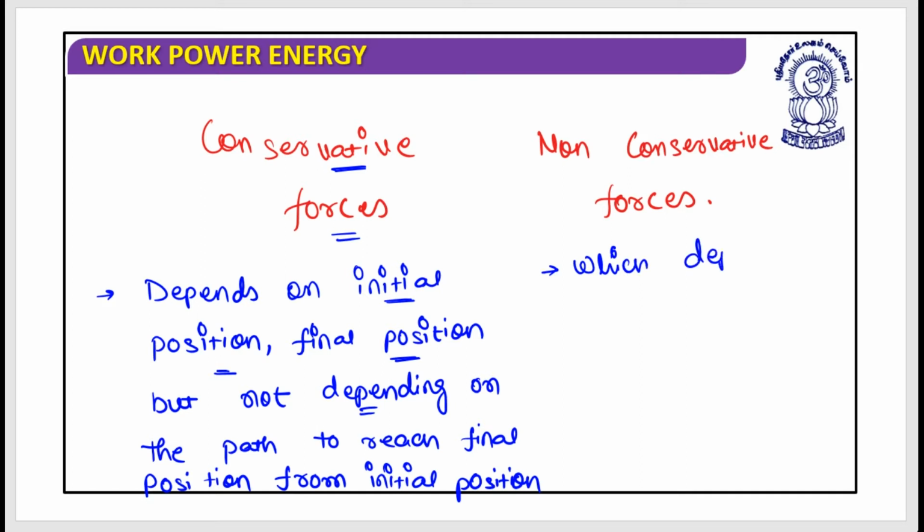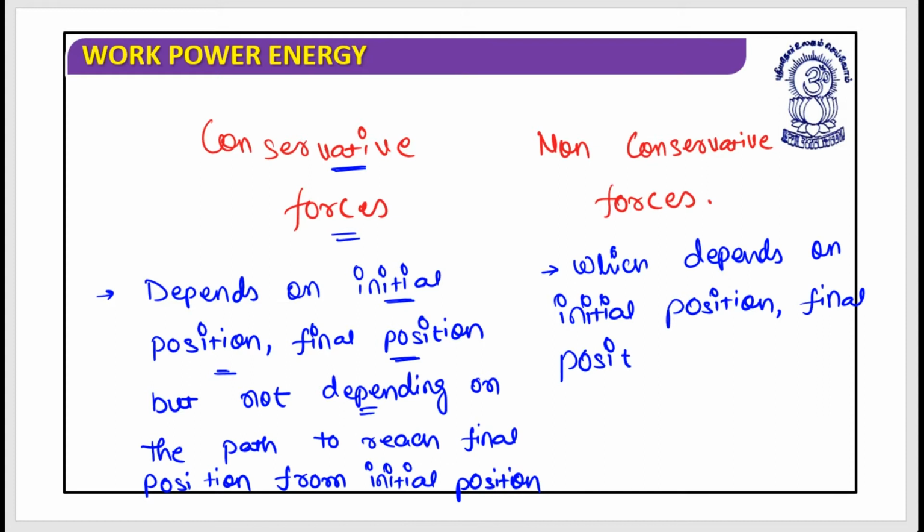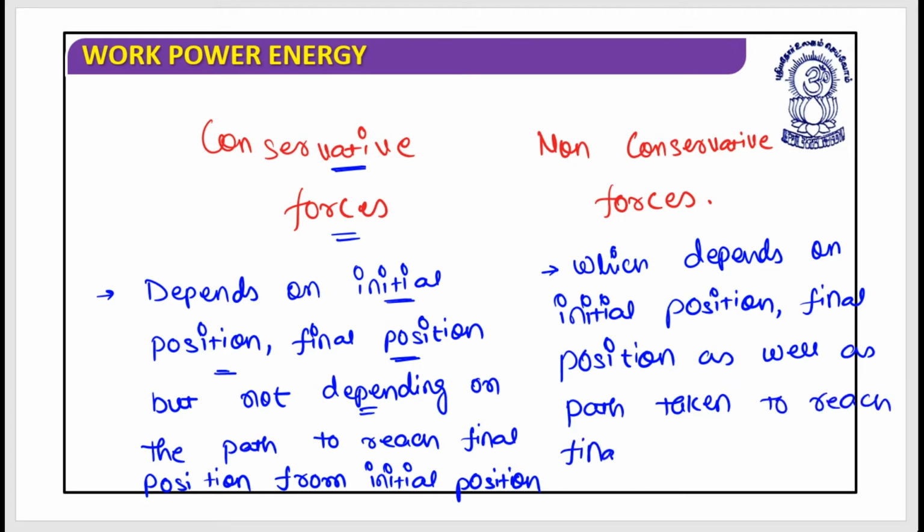While non-conservative forces are the forces which depend on the initial position, the final position, as well as the path taken to reach the final position from the initial position.